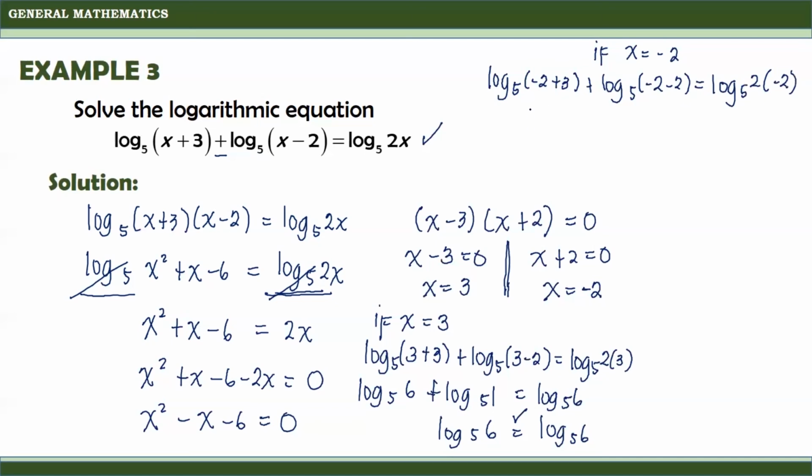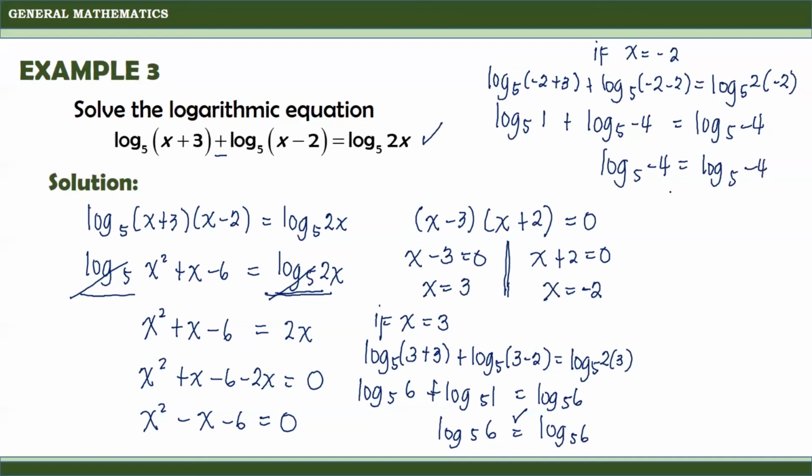Simplifying the powers, we will have logarithm of 1 to the base 5 plus logarithm of negative 4 to the base 5 equals logarithm of negative 4 to the base 5. Since this is addition, multiplying 1 and negative 4, we will have logarithm of negative 4 to the base 5 equals logarithm of negative 4 to the base 5. This equation seemingly satisfies our given equation.